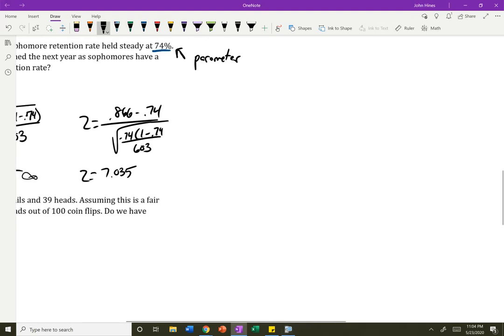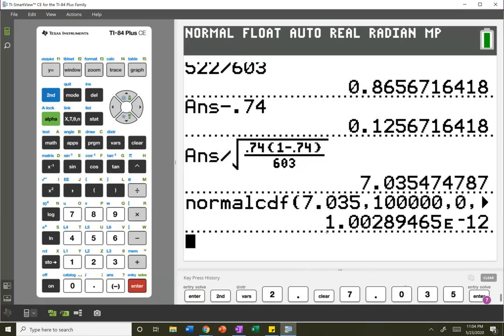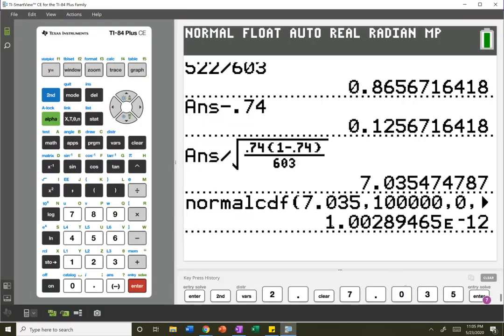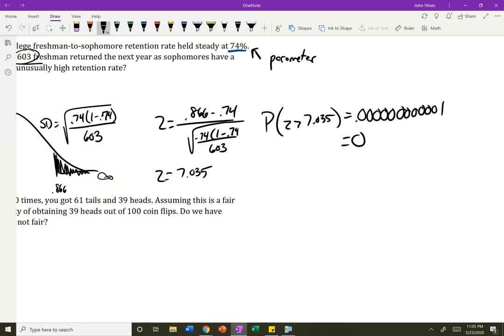So the probability that z is bigger than 7.035 equals 1 times 10 to the negative 12, which is basically equal to 0.